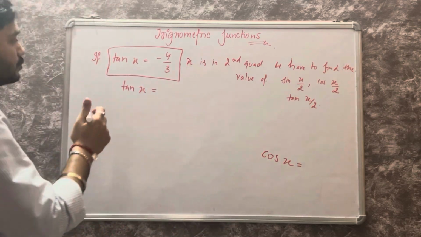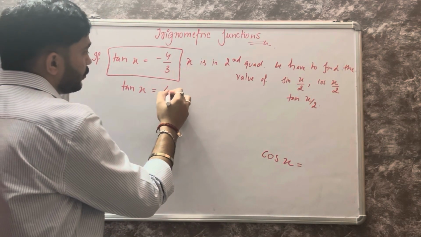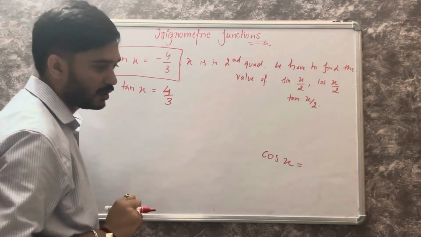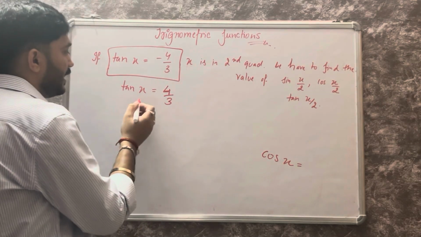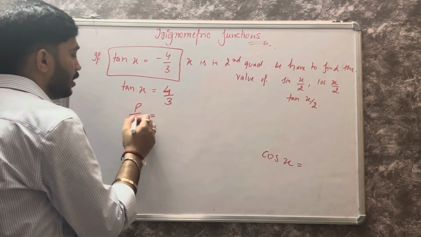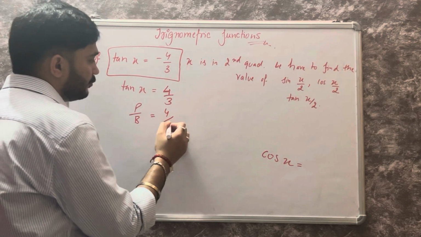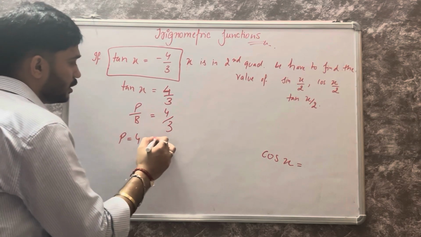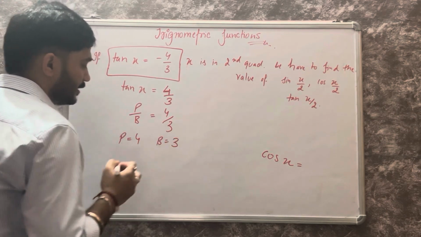Tan x is 4 upon 3, since the negative sign represents that it is in the second quadrant. Tan x is perpendicular upon base, so the answer will be 4 upon 3. Perpendicular value is 4 and base value is 3.